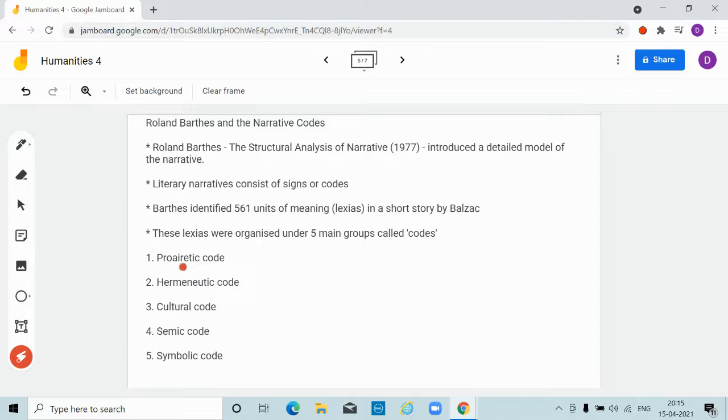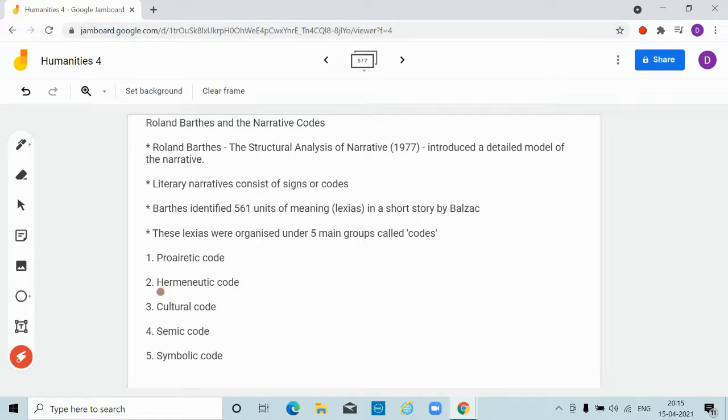Remember the famous example given by E.M. Forster: the king died and the queen died. The first event is the death of the king. The second event is the death of the queen. So the order in which the events occur in a narrative is what is meant by the proairetic code.